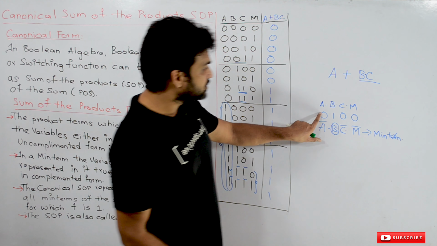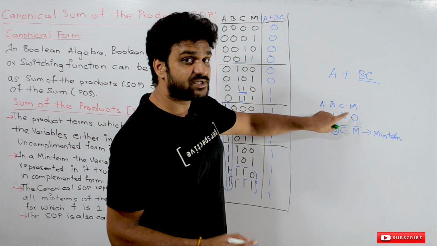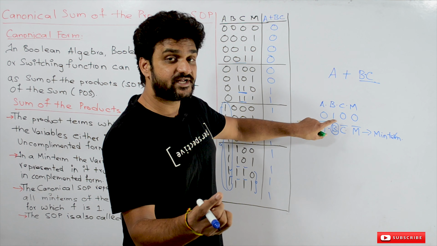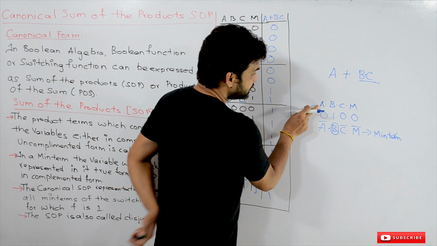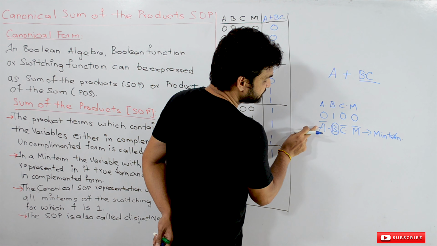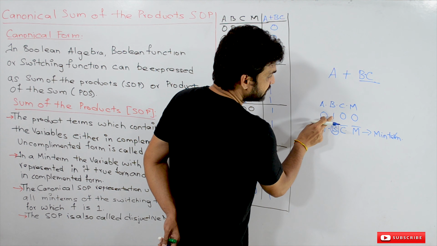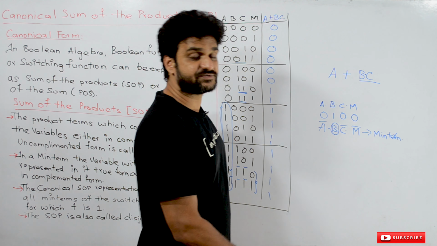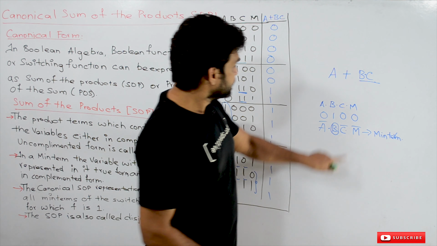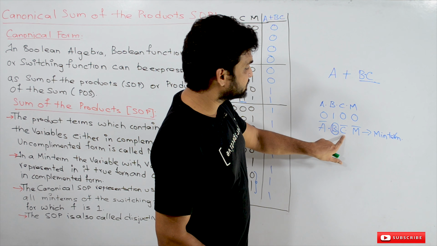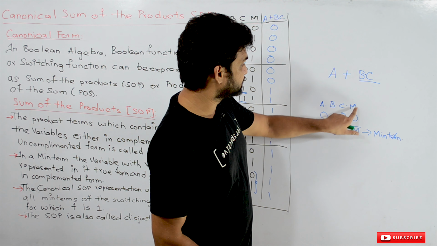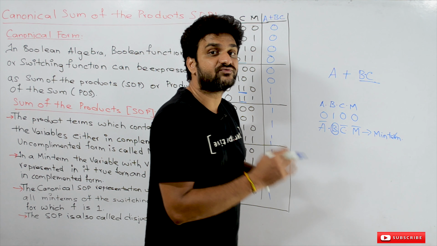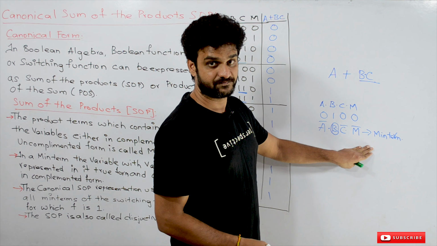So if the value of a variable is 0, it is represented in its complement form. Here the value of A is 0, so it is represented as A bar, and B is 1, so it is represented in its true form, just B. Here C is 0, so it is represented as C bar. M is 0, so it is represented as M bar. So this way of representation is what we call a min term.